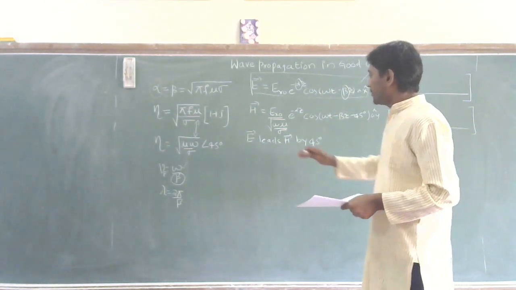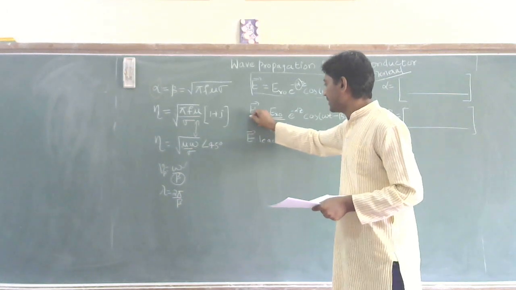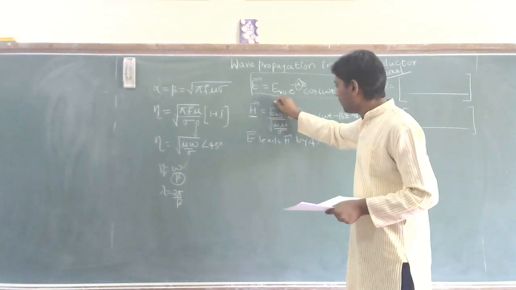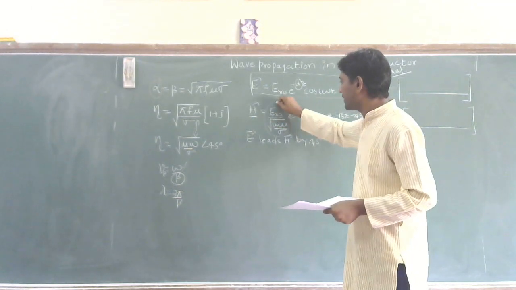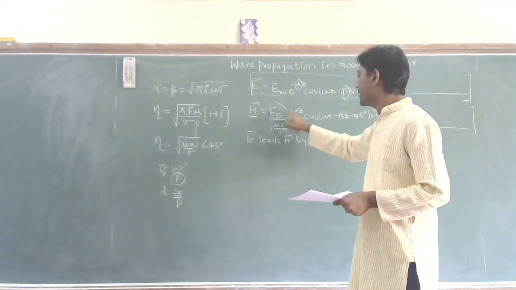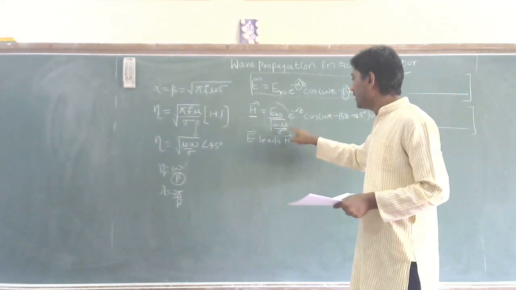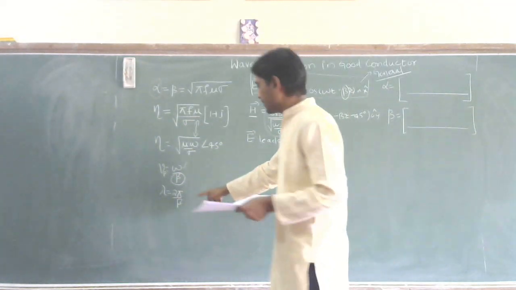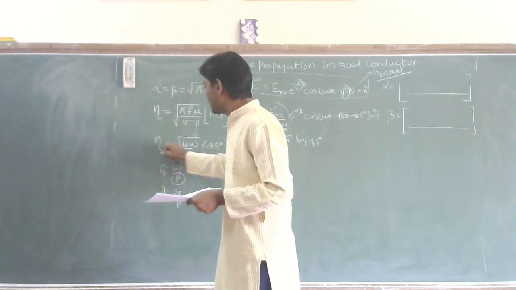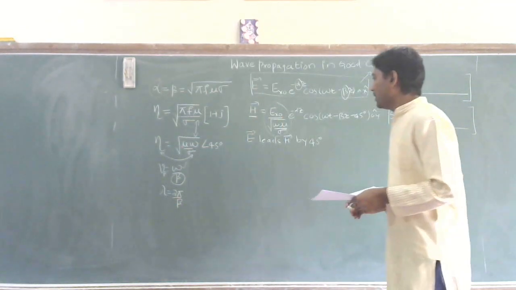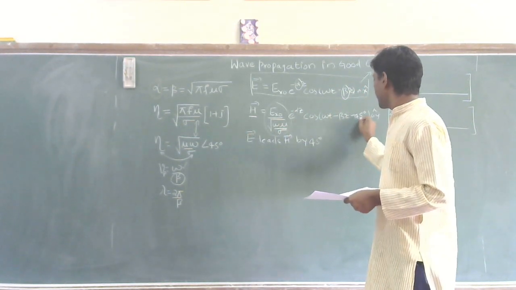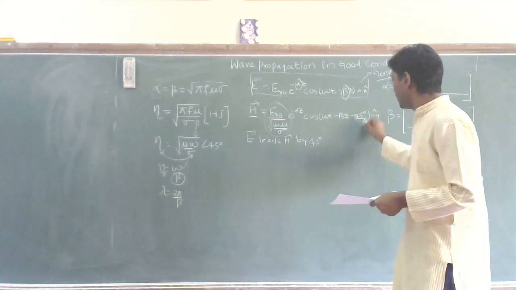Okay, so next, similarly, we can write the expression for the magnetic field. We know that the amplitude of the magnetic field is related by the intrinsic impedance of the medium. So it is Ex naught by eta, and as eta is really complex, it has a magnitude and a phase, and the phase is taken care of over here.